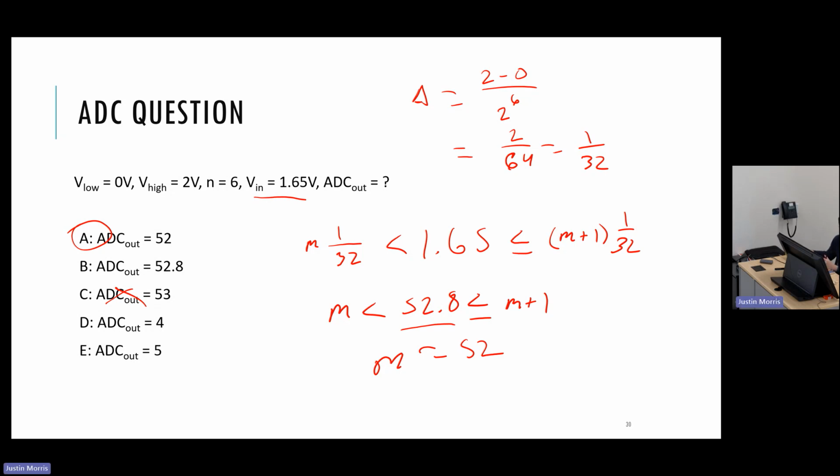So that's all we calculated here. And just as a reminder, the key thing is we can't output the continuous value. It's this discrete value, and we always truncate. We don't go to the next one, even though 52.8 is closer to the next interval of 53, it belongs to 52. Right? So that is all for today.